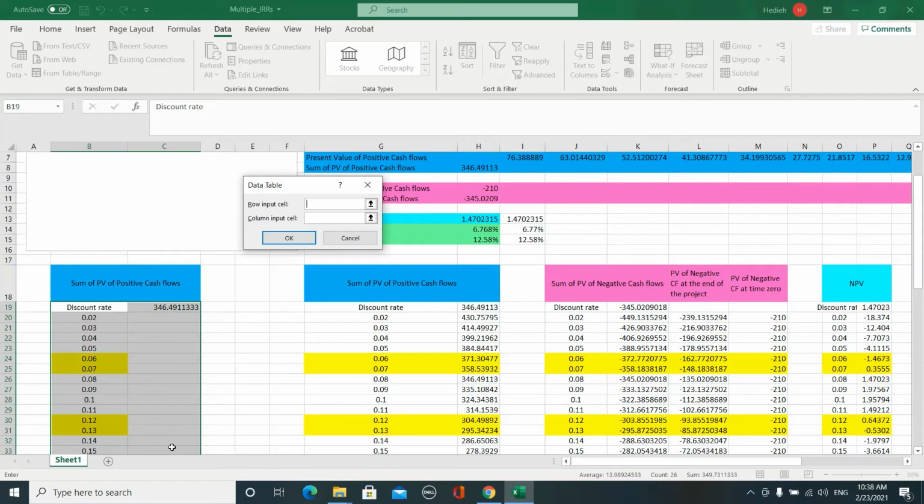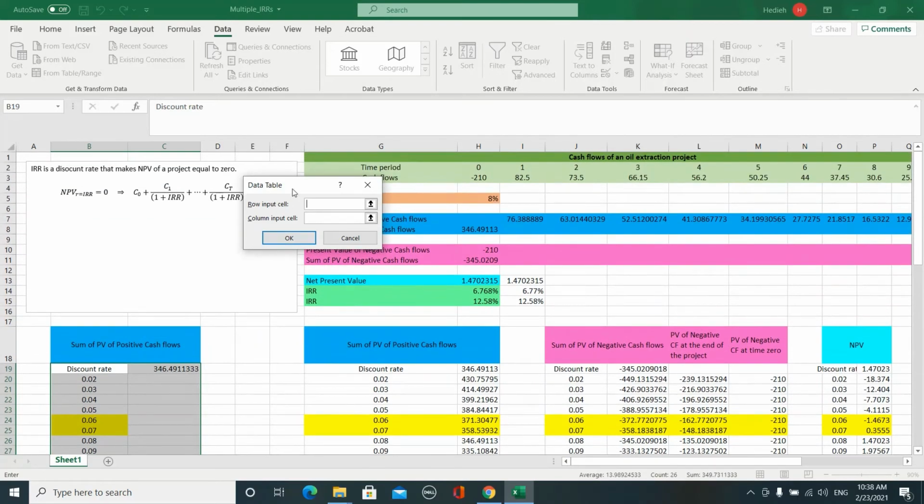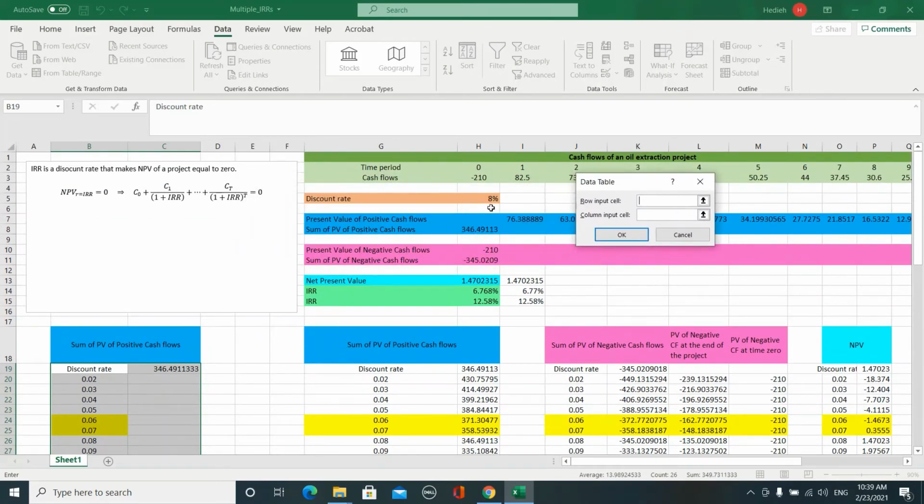So I want Excel to consider different interest rates and calculate this sum of present value of positive cash flows for me. So the cell that I want Excel to change is the cell of my discount rate. I want Excel to use different interest rates instead of this discount rate of 8%.